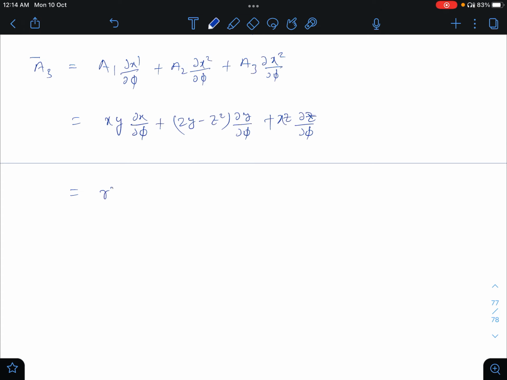So what we get, r square sin square theta sin phi cos phi, and delta x upon delta phi will become minus r sin theta sin phi. This will become 2r sin theta sin phi minus r square cos square theta multiplied by delta y upon delta phi.